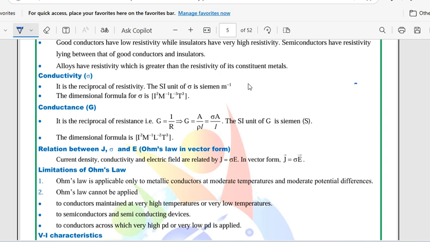I have told you in the previous session about the introduction to conductance and conductivity.